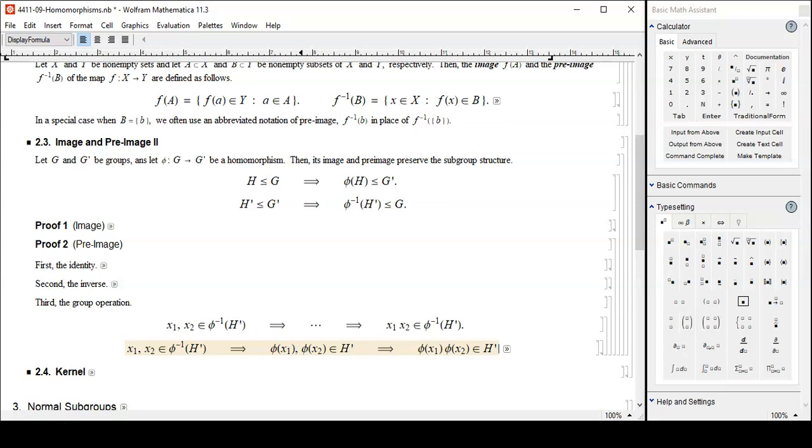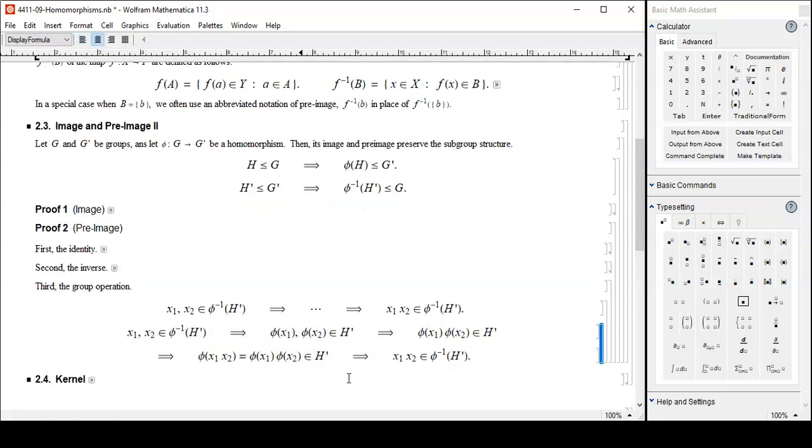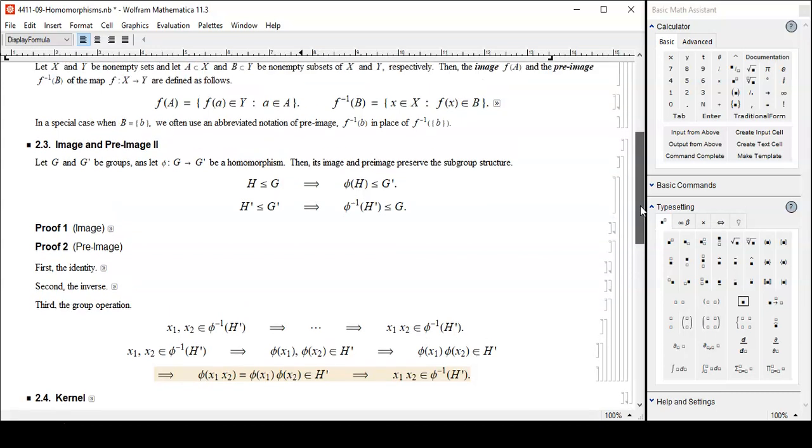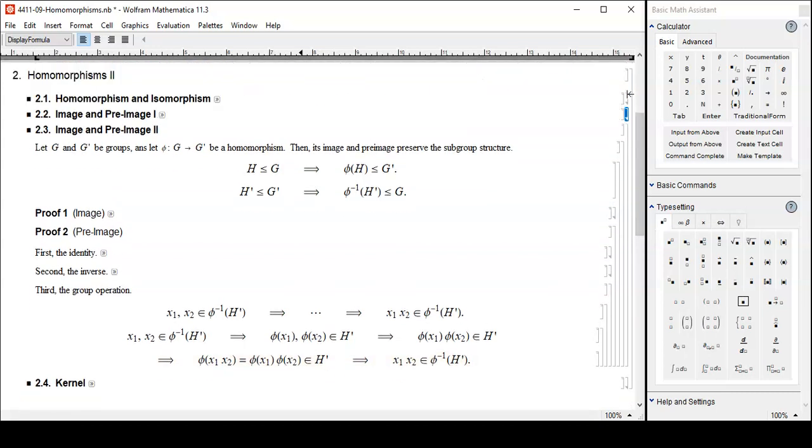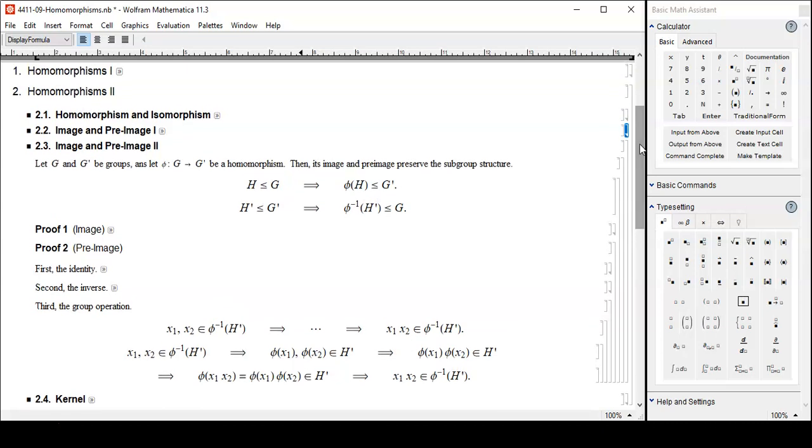Phi is a homomorphism, so group structure is preserved. So that's phi of x1, x2. That belongs to H prime, and consequently x1, x2 belongs to the preimage. That completes the proof, all three. So the conclusion, preimage also preserves the subgroup structure.